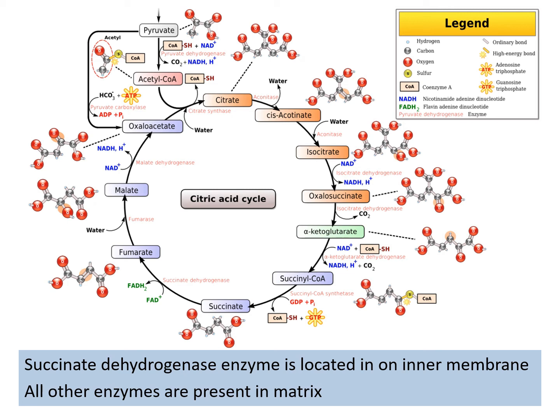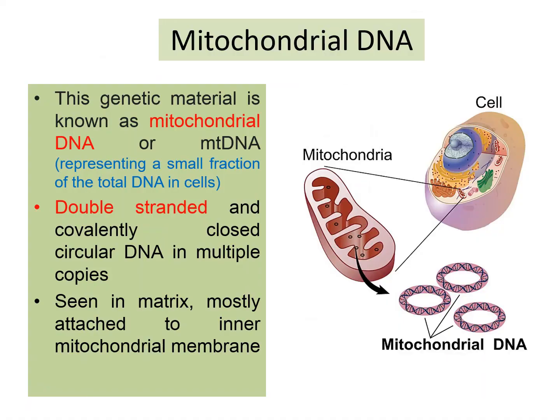All the other enzymes which take part in the citric acid cycle are located in the matrix, whereas only this enzyme is located in the inner membrane. You can see succinyl coenzyme A synthetase, alpha-ketoglutarate dehydrogenase, isocitrate dehydrogenase, aconitase, malate dehydrogenase, fumarase. All these are located in the matrix except the succinate dehydrogenase, which is located in the inner membrane.